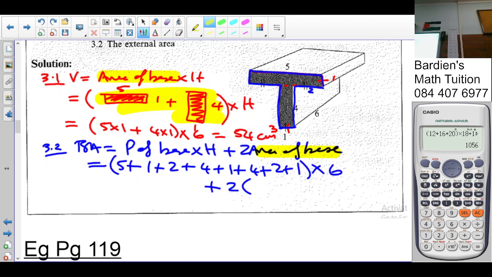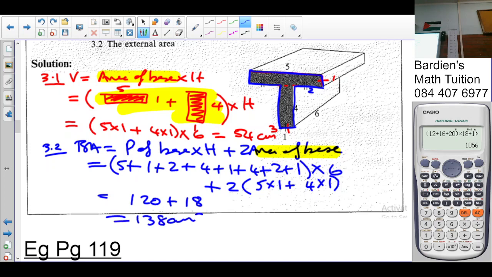So I'm going to take it from the previous calculation, which is 5 times 1 plus 4 times 1. That gives us 120 plus 9 times 2, which is 18. So it's 138 centimeters squared.